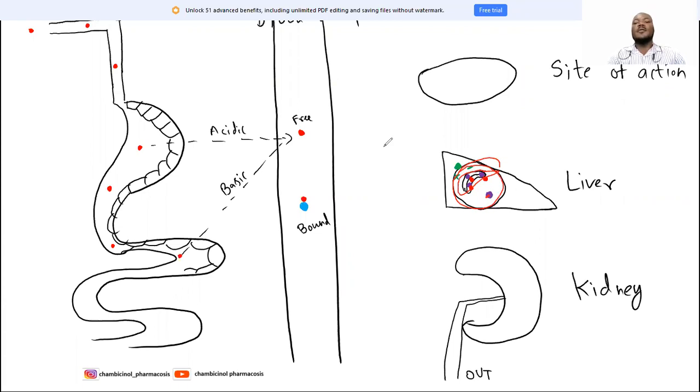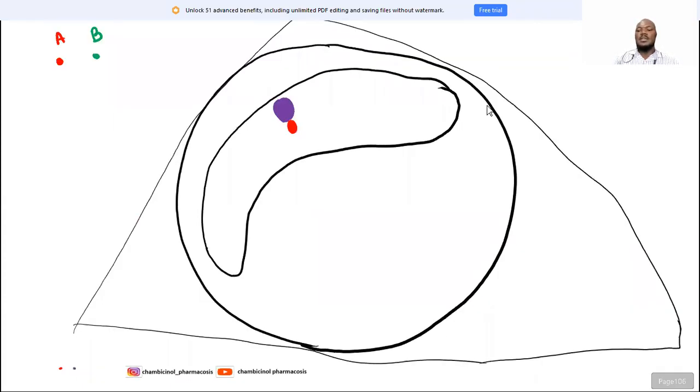If this drug is metabolized by the microsomal enzymes and you take another drug, that drug may have a tendency to induce the microsomal enzymes to increase the metabolism, or it can inhibit the microsomal enzymes from metabolizing the drug. It depends on the nature of the drug, whether it is a microsomal enzyme inducer or a microsomal enzyme inhibitor. We are going to see it in detail.